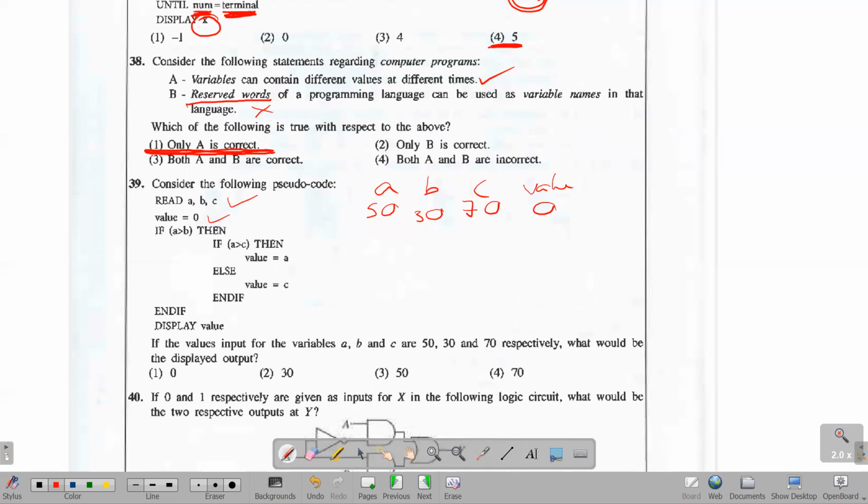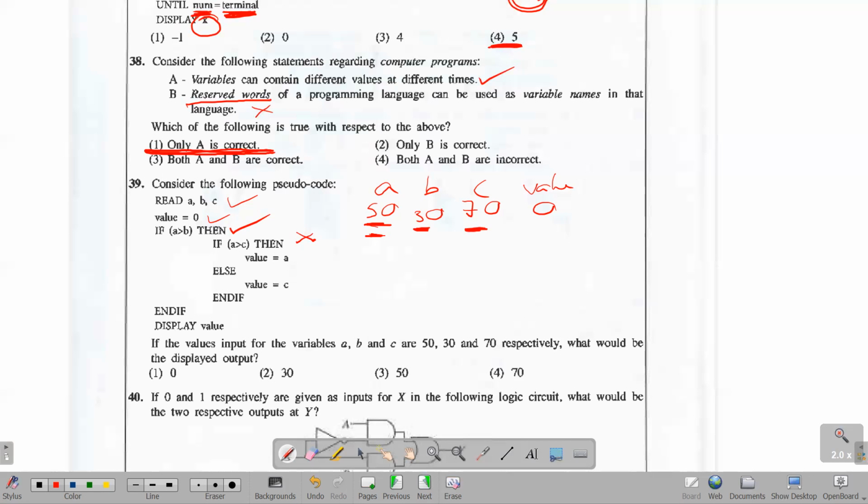So we have 0. If A larger than B, A means 50, B means 30. So A larger than B, that is correct. Then it comes and sees whether A is larger than C. A is 50, C is 70. So it is not larger than C, and it goes to the else.